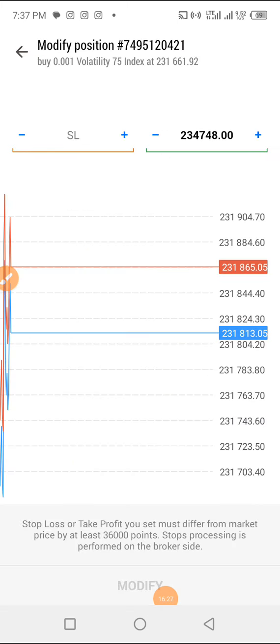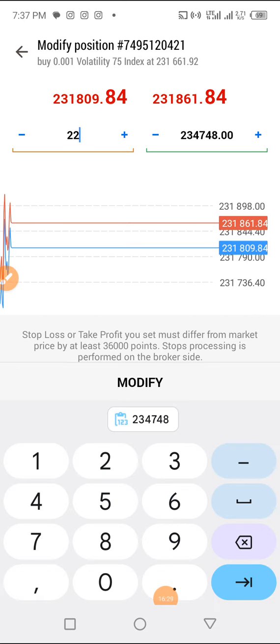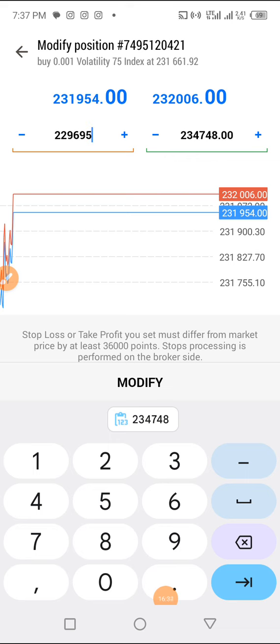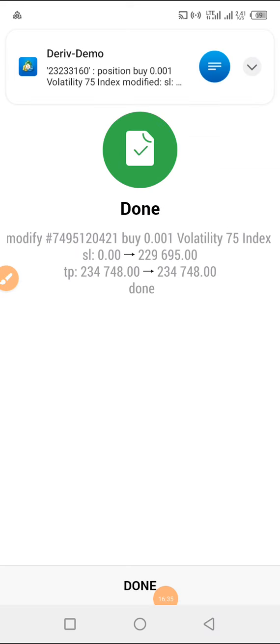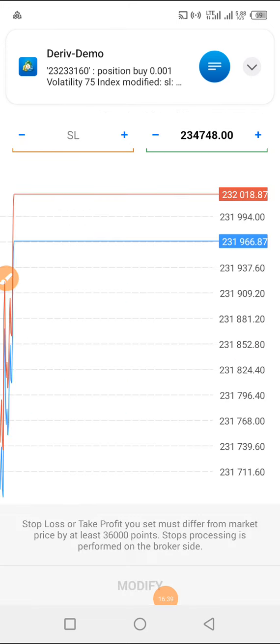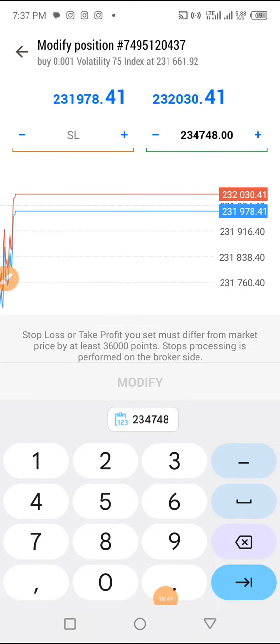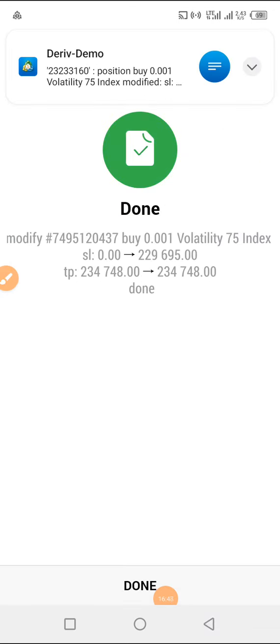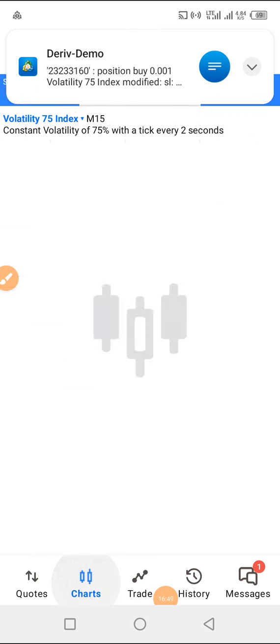Let's modify, guys. So that is our stop loss, 2296.95.